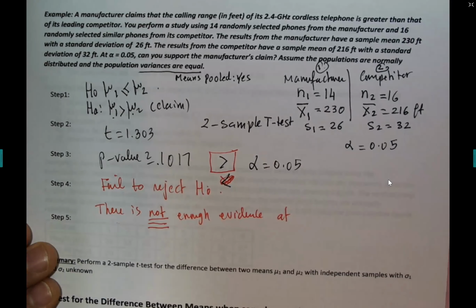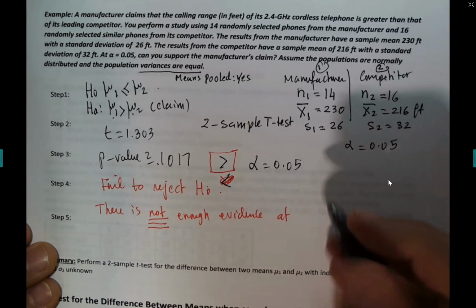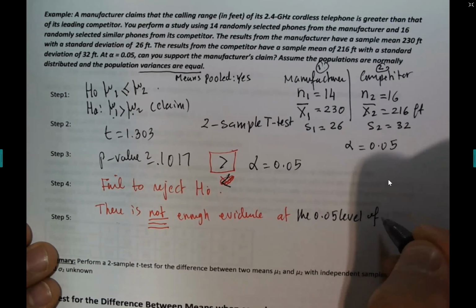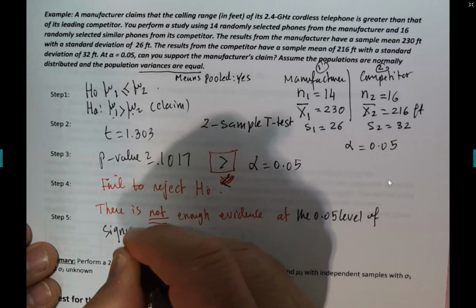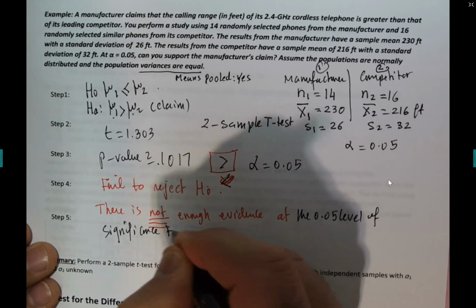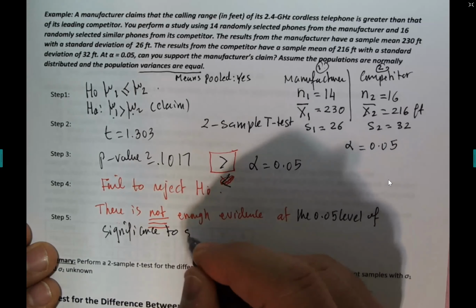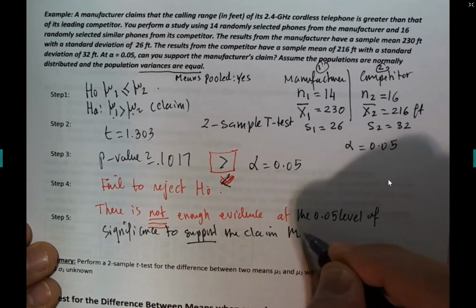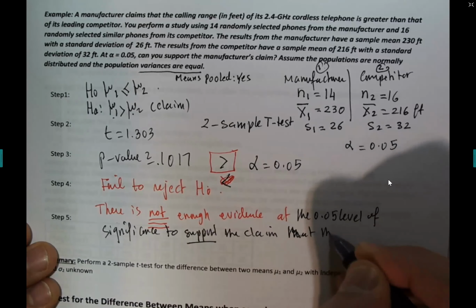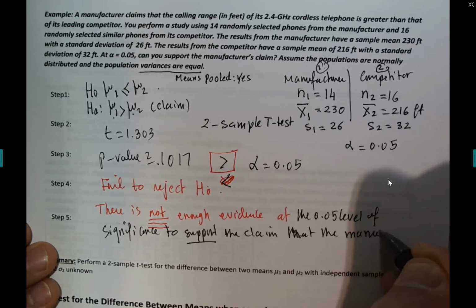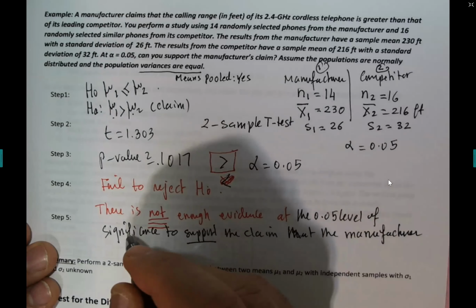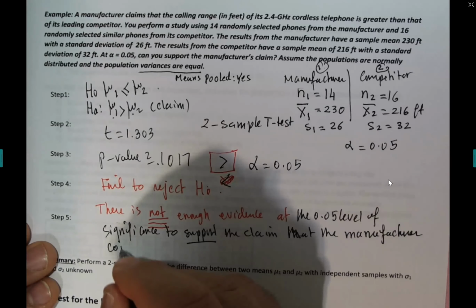Because you failed to reject H0 at the 0.05 level of significance, there is not enough evidence to support the claim that the manufacturer's cordless telephone range is greater than that of its competitor.